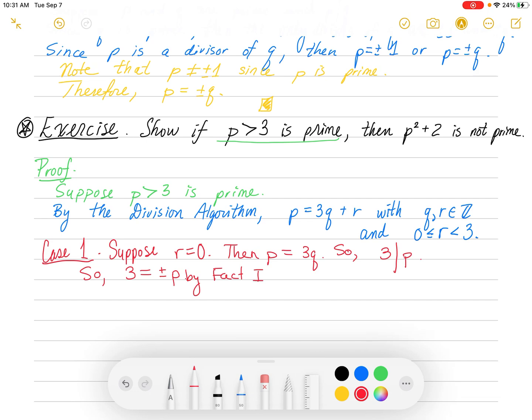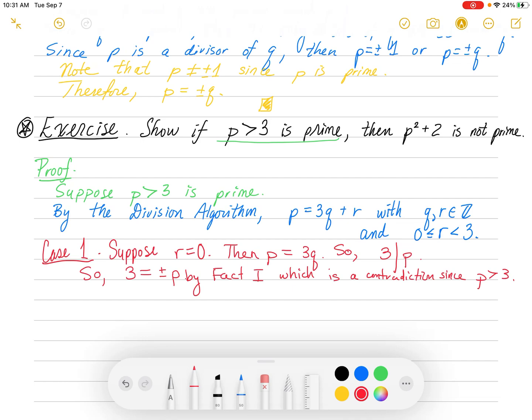But that can't happen, because we know that P is greater than 3, which is a contradiction. So this case you can completely rule out.